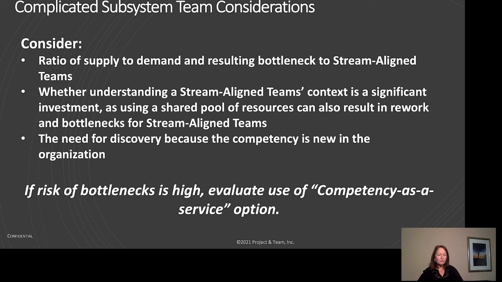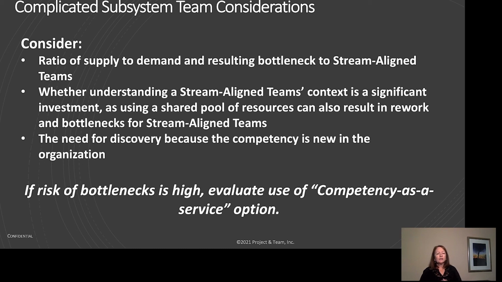But also sometimes when we have a new competency, we're needing to discover how analytics is best applied in the kind of applications that we build. And so that's a reason that sometimes people keep those specialists together, because of this need for discovery. Again, we can offset that by using a community of practice model.